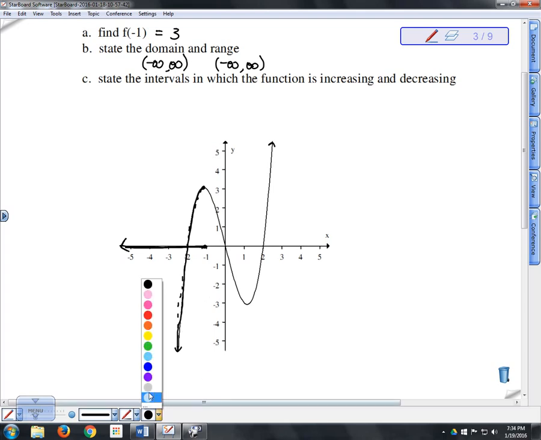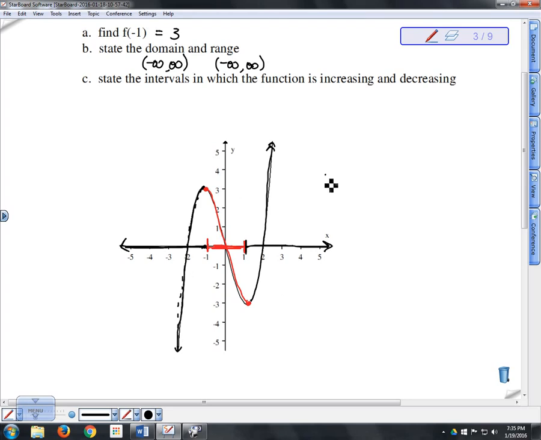And then the graph starts to decrease. So between these x values right here, the graph is decreasing, and then it begins to increase again. So starting here and all the way there. So these intervals that I've highlighted in black on the x-axis, these are intervals where the graph is increasing.